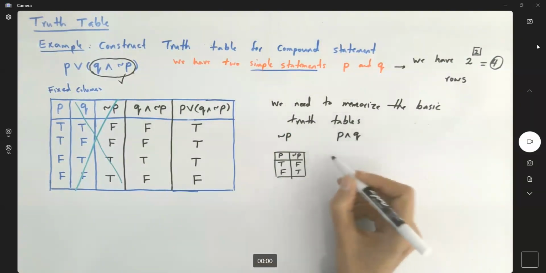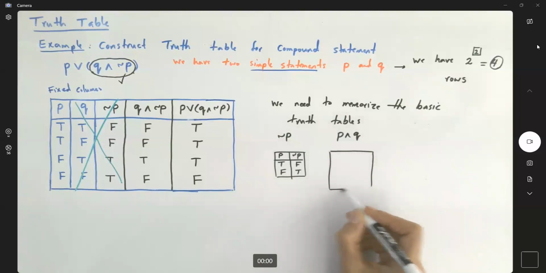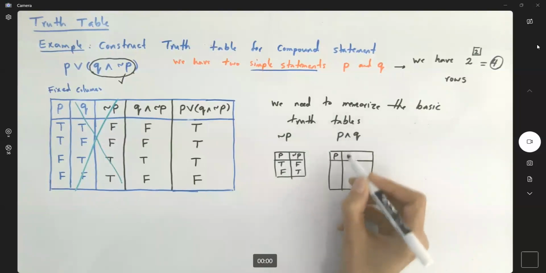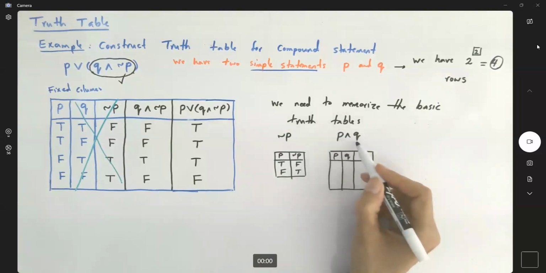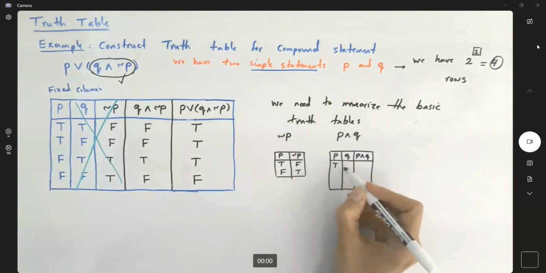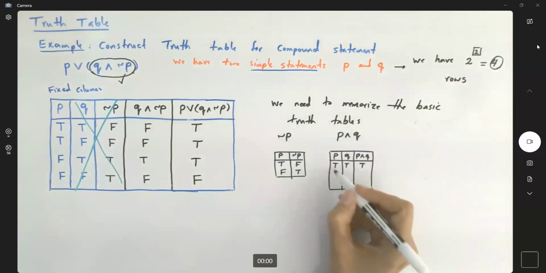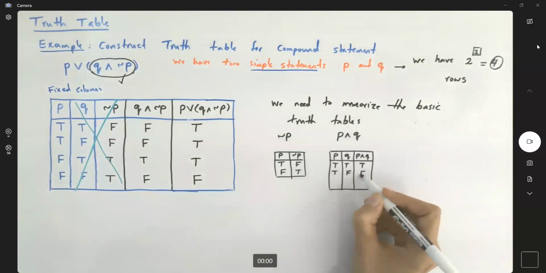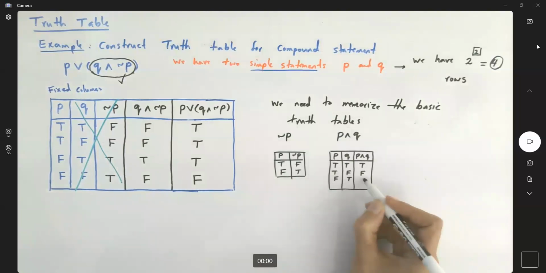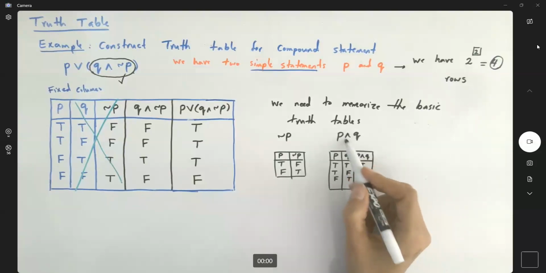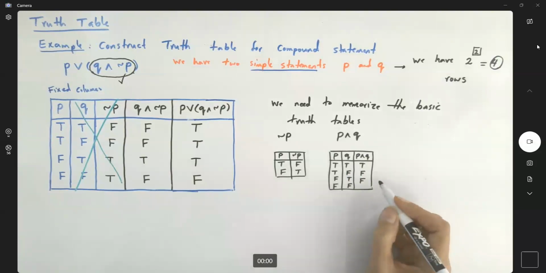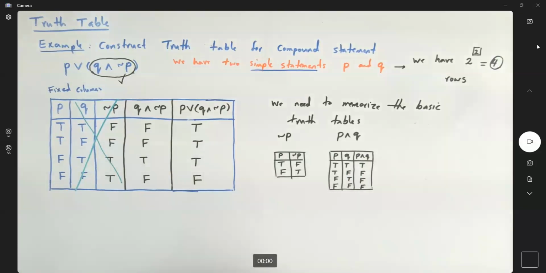P and Q. Since you have two statements, you're going to have 4 combinations, P, Q, and the operator connecting P, Q together, P and Q. If P is true, Q is true, P and Q is true. If P is true, Q is false, their combination is false. If P is false, Q is true, their combination is false because you have and connecting these two. If P is false, Q is false, then you're going to have a false statement.